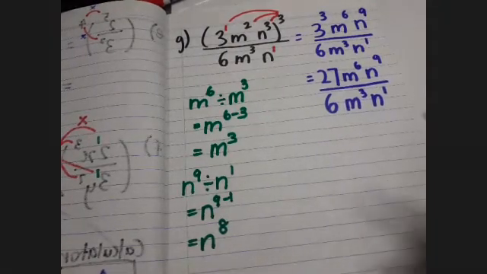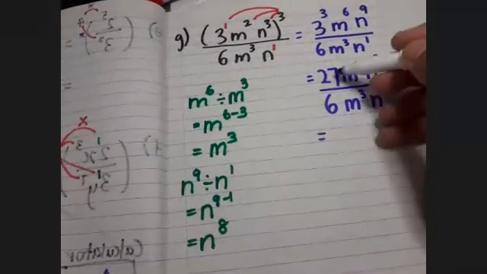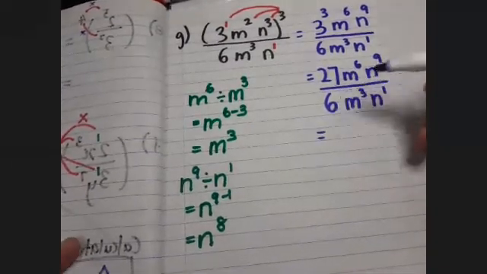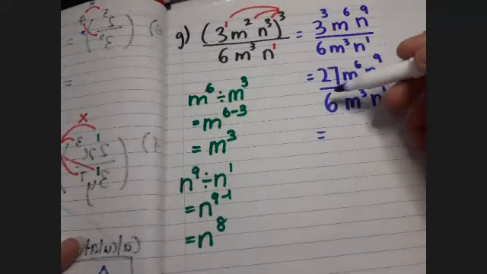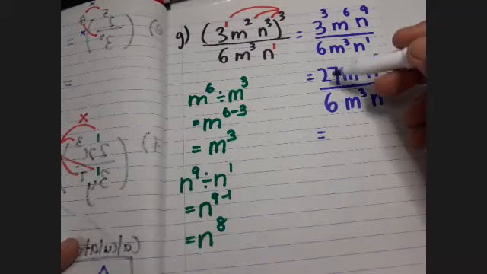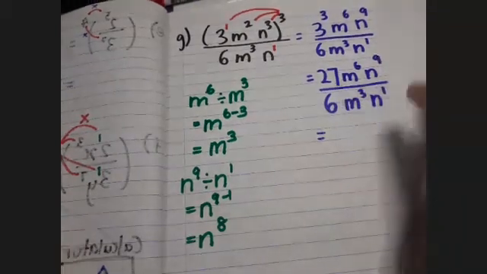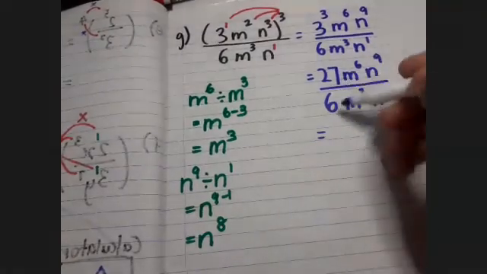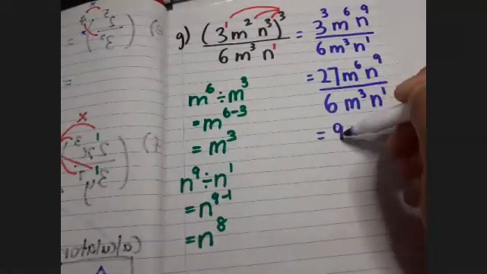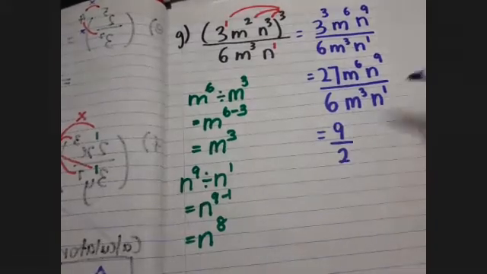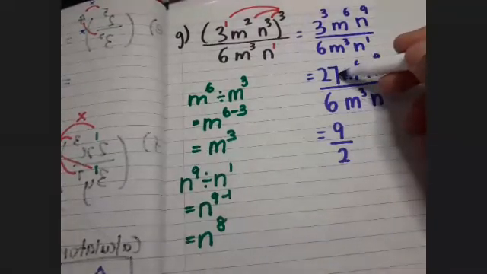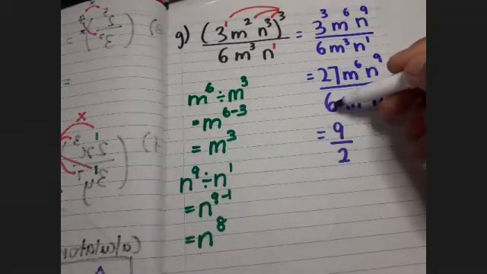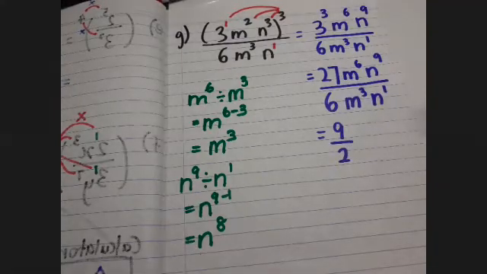So final answer, okay, 27 divided by 6. You can simplify. Okay, 27 over 6. If you simplify, you will get 9 over 2. Okay, 27 you divide by 3, 6 you divide by 3. You will get 9 over 2.